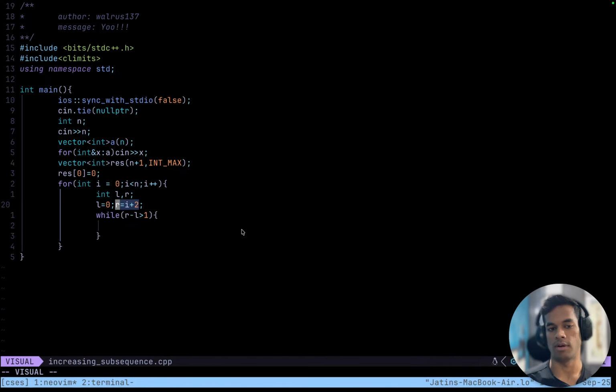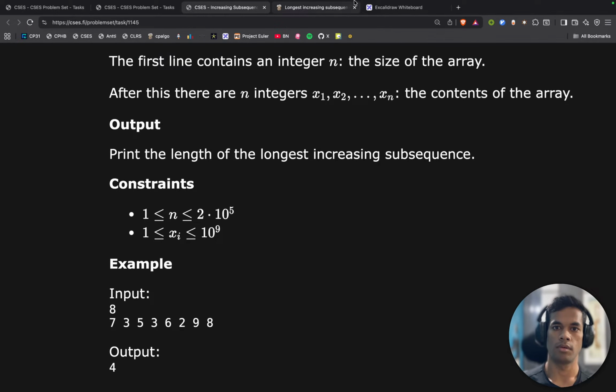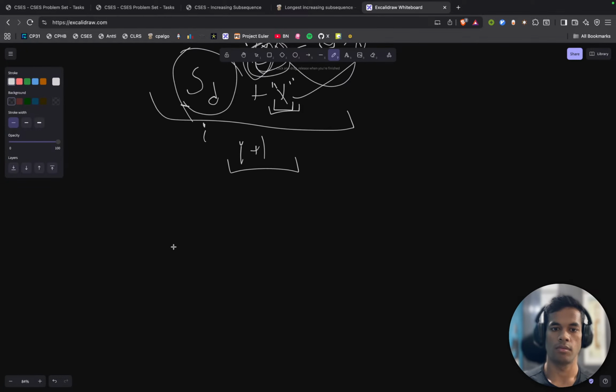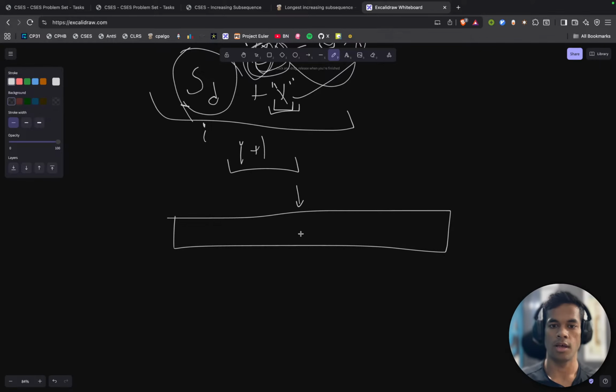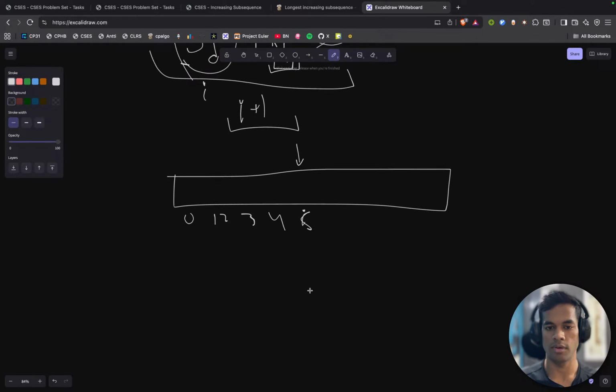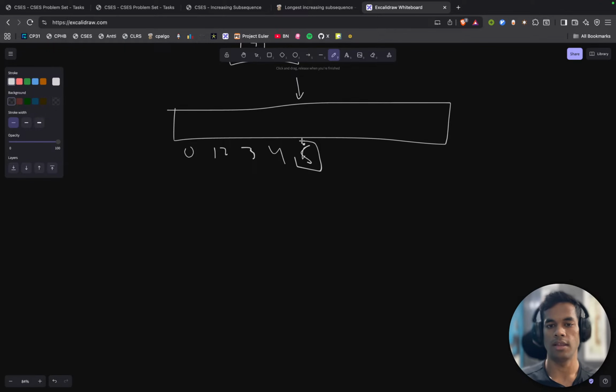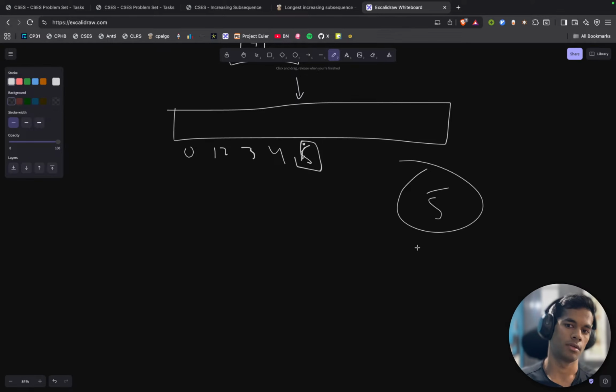We can have a length of i plus 1 because when I am at index i, since i starts from 0, 1, 2, 3, 4, let's say i is 5, the biggest length I can hope for to find earlier is 5, right?